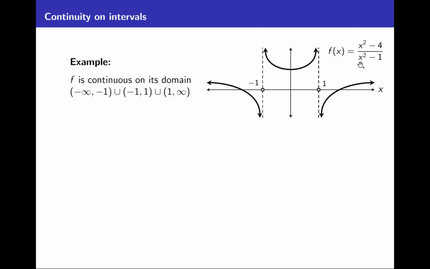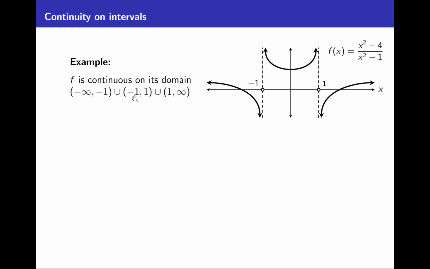This function is not defined at x equals plus or minus 1 because that gives you 0 in the denominator. And in fact, at those two values of plus or minus 1, the graph is shooting off to infinity or negative infinity. You can't plug in 1 or minus 1. The domain of this function is the interval from negative infinity to minus 1, this part.